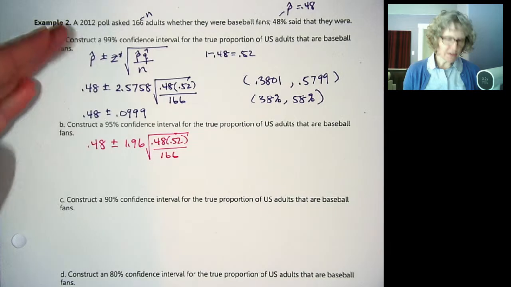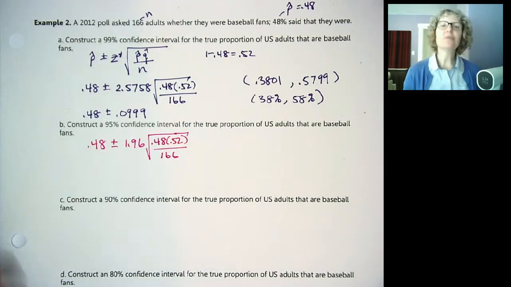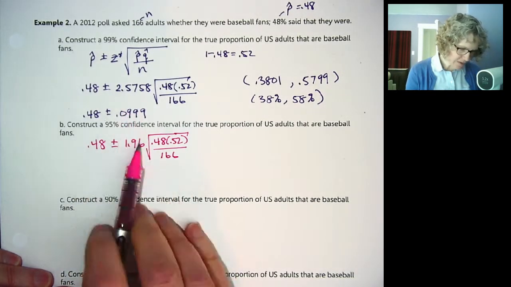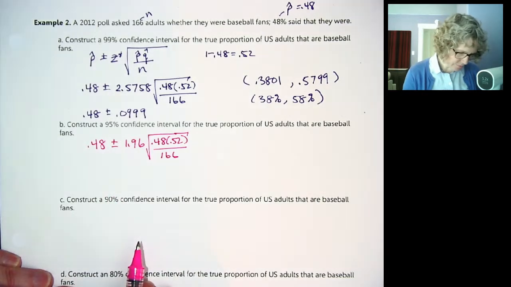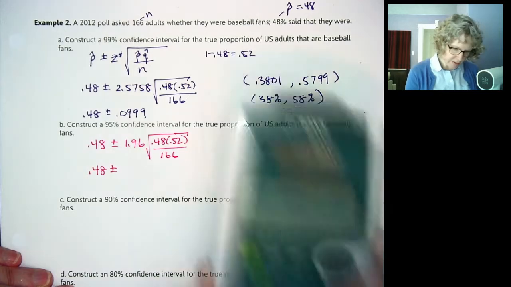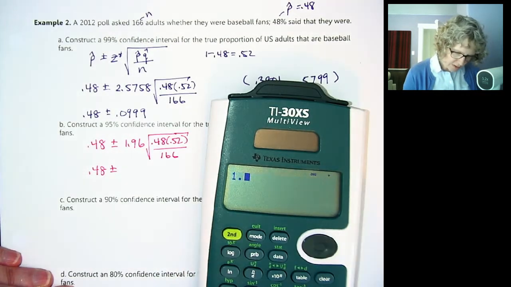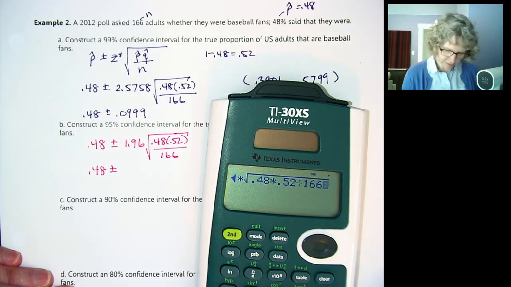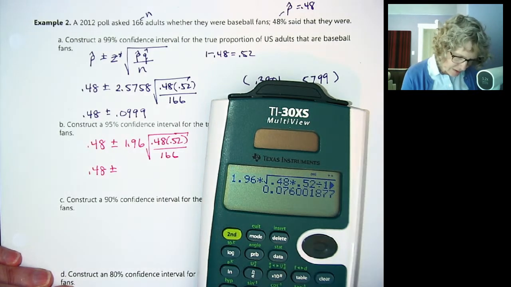Usually we don't do every single confidence level for one problem, but I want you to see the pattern of what's going on here. The only thing that changes with the confidence level is that Z star value. So 0.48 plus or minus, let's plug this in, 1.96 times the square root of 0.48 times 0.52 divided by 166. It's also good practice to do this one several times. 0.0760.